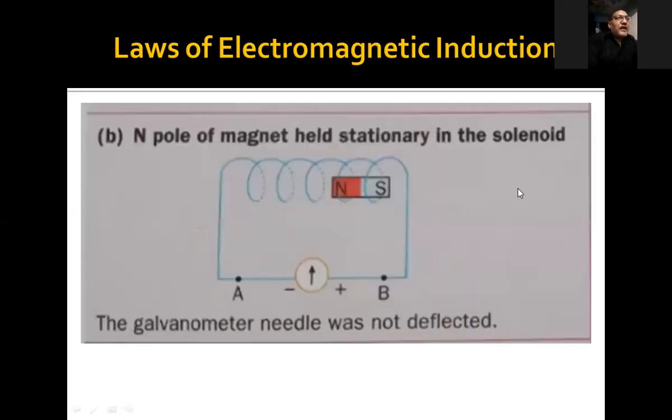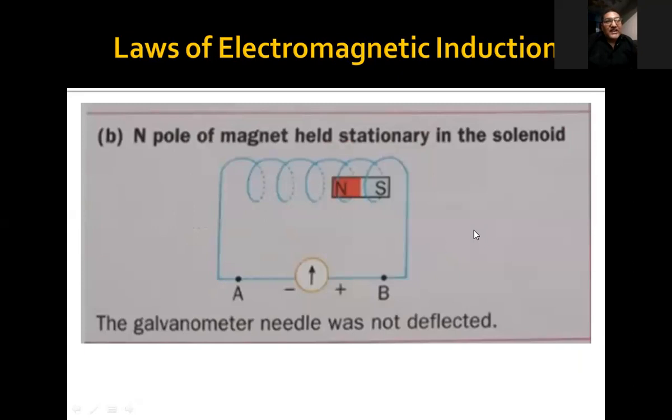Okay, here we have the second step, and you see what is happening here. We have a north pole, and that north pole has entered the solenoid, and now I have stopped moving the bar magnet. The bar magnet is stationary. It is no more moving. It is at rest.